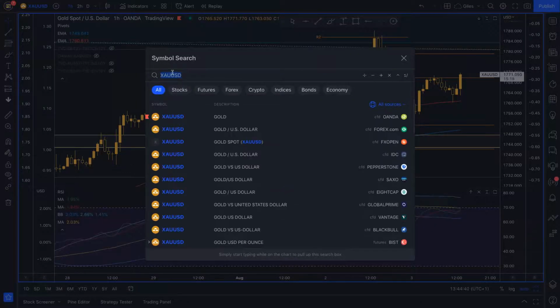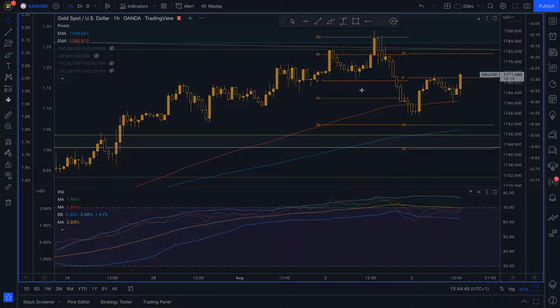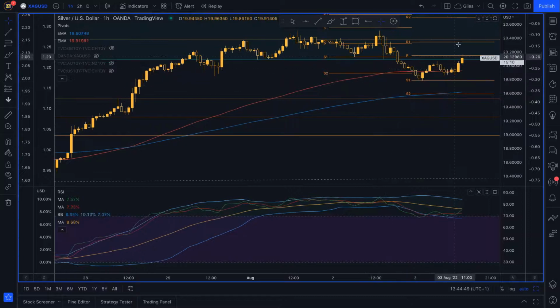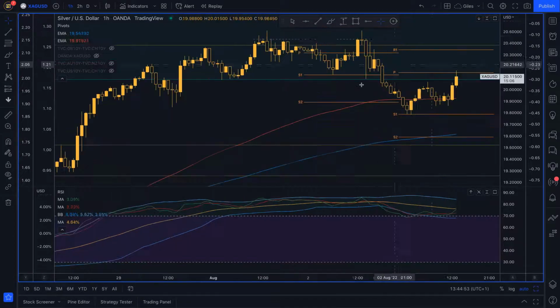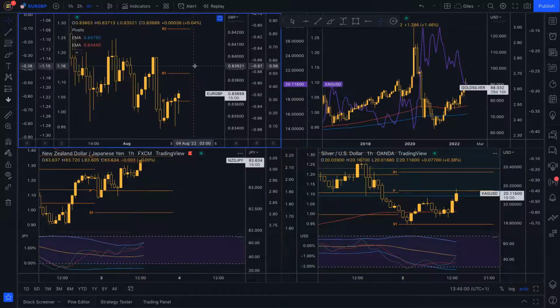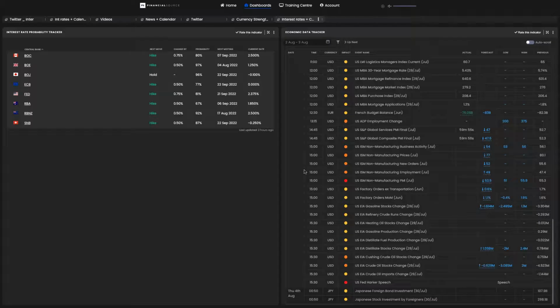For silver, we expect a move back up to that 2040, 2050 region would be a fair target there in silver. Potentially get a bit more if price keeps edging higher. All right, but that is only in the scenario where we get an ISM miss.